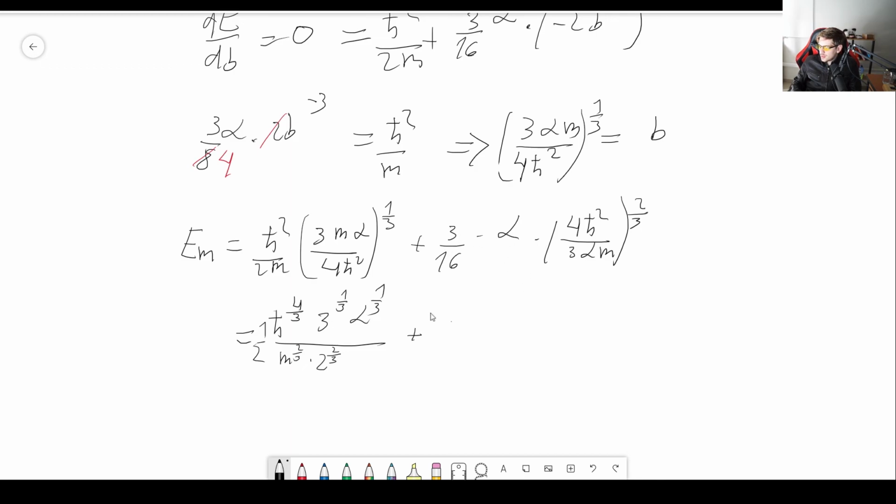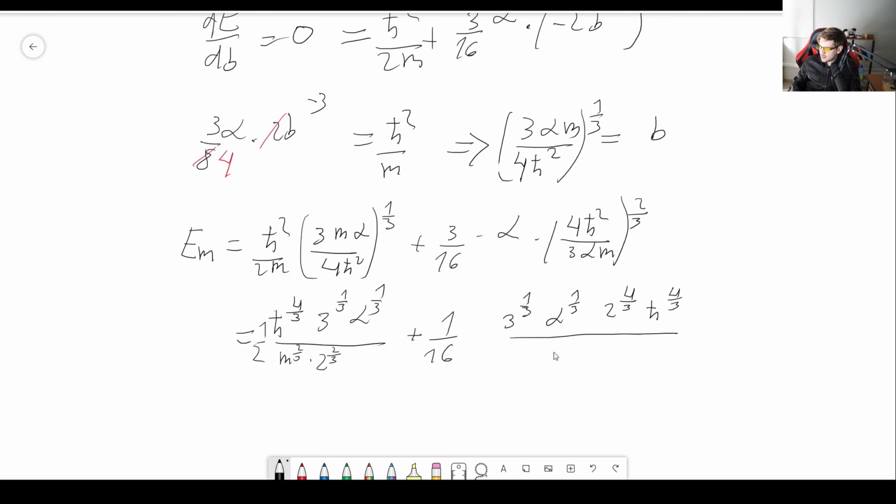Then we have 3 here. But, well, let's begin with 1 over 16. And then we have 3 to the 1 minus this 2/3, and the exponent, of course, the minus. So we get 3 to the 1/3, alpha to the 1/3. And then we have 4 to the 2/3, or maybe let's write it as 2 to the 4/3. h bar squared to the 2/3, which is 4/3.